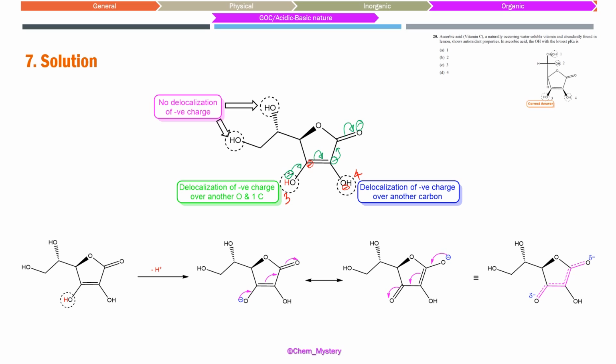So this is the resonance hybrid where negative charge is present over here, negative charge is present over here, and a small delta negative charge is present here as well. In this structure, the negative charge on oxygen is going to be most stabilized. So that is the most acidic hydrogen, and that's going to give us the least pKa value for the given molecule. That hydrogen is going to have the least pKa value.